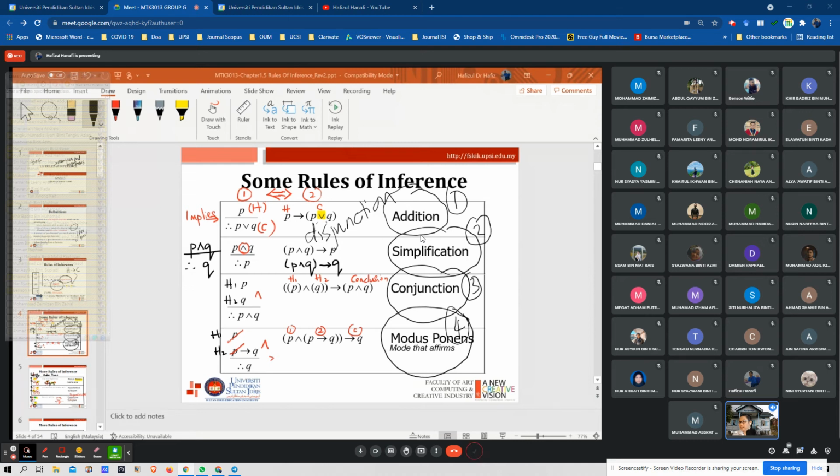It is the inference that if P is true, then P or Q must be true. From the hypothesis, P is true, so P or Q must be true. This one is addition. You need to do the disjunction.